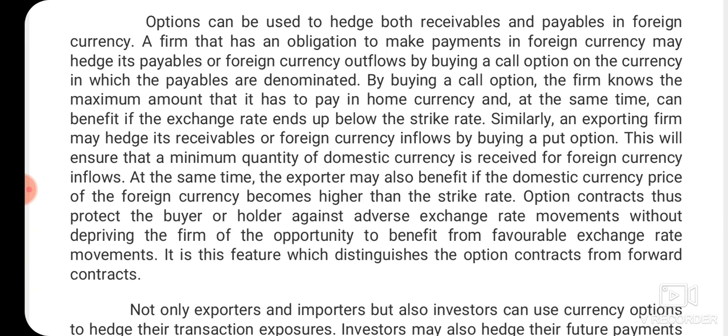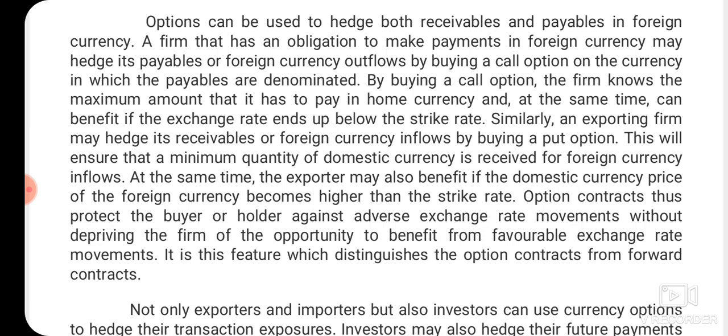At the same time, it can benefit if the exchange rate ends up below the strike rate. Similarly, an exporting firm may hedge its receivables, or foreign currency inflows, by buying a put option. This will ensure that the minimum quantity of domestic currency is received for foreign currency inflows.